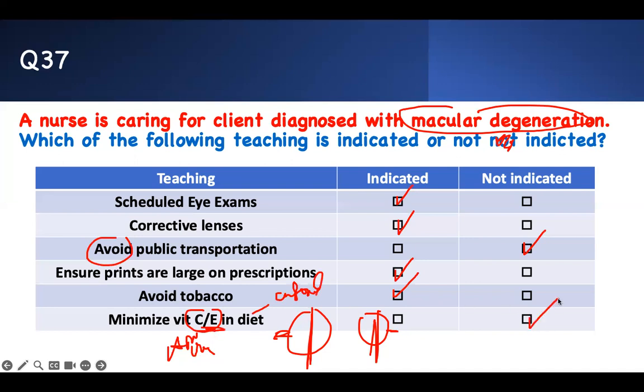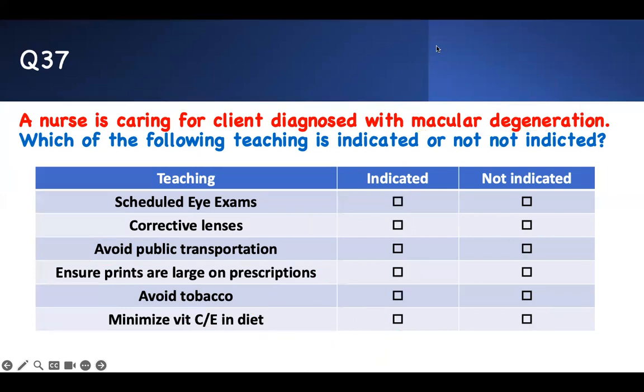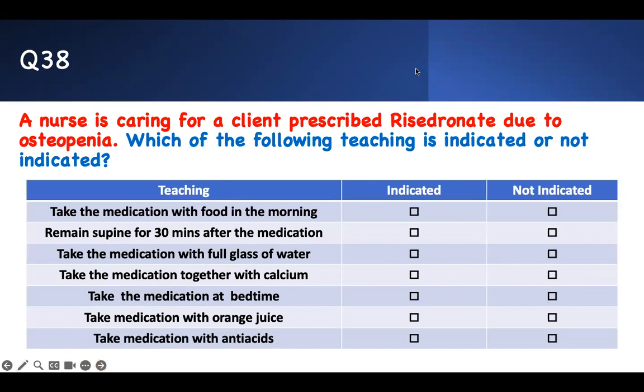They should take a bunch of them. So those indicated are 1, 2, 4, and 5, and 3, and they should not avoid public transportation. They should take a lot of vitamin C and E. Control their blood pressure too. Okay. Number 38. A nurse is caring for a client prescribed what?